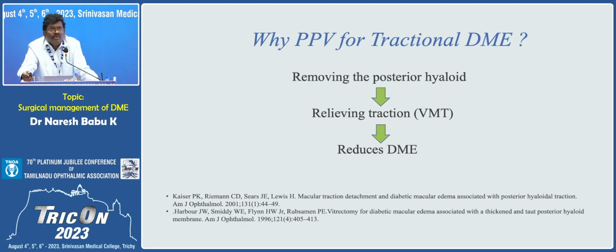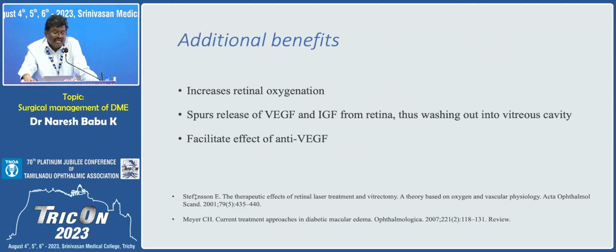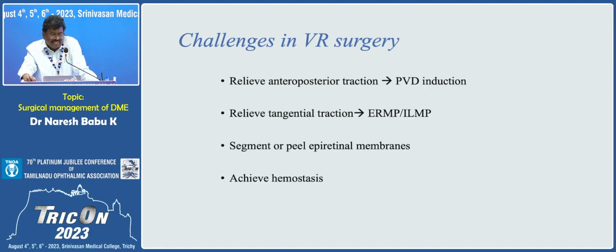So when you do the vitrectomy in this case, what happens? You are basically going to remove the posterior vitreous hyaloid, and thereby you are going to relieve the traction, and that leads to the reduction. In addition to that, it increases the oxygenation also. In fact, the release of the VEGF is also reduced in these cases, and it can also facilitate the effect of anti-VEGF, even though the half-life is reduced in these cases.